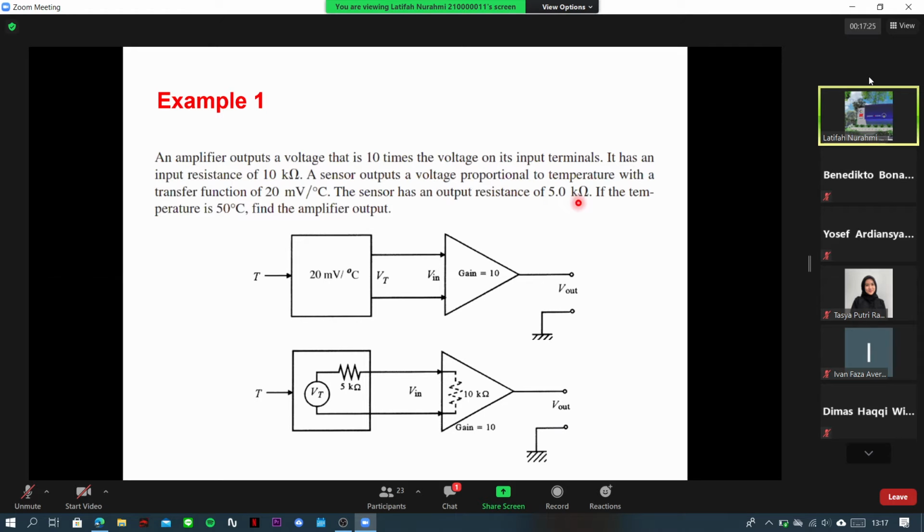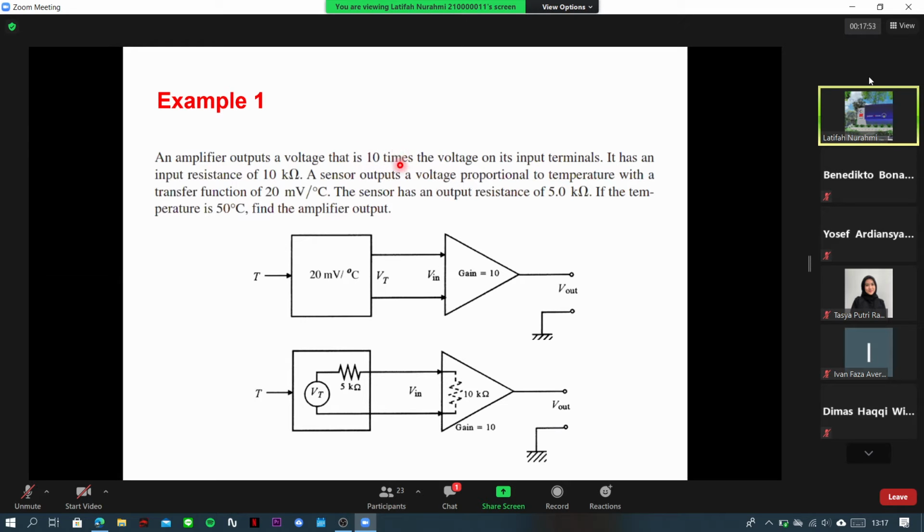If the temperature is 50 degrees, find the amplifier output. We know the input, and we want to find the input voltage and the output voltage. The clue is that the output voltage will be 10 times higher than the input voltage.